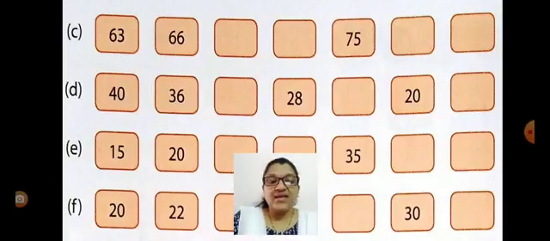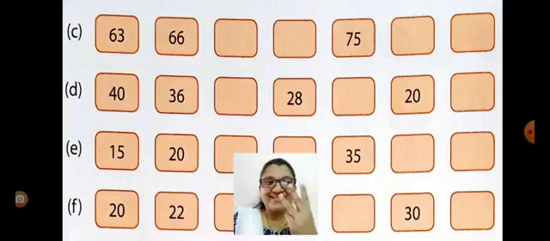Example C. First two numbers are 63, 66. Children, here the pattern rule is add 3. See, when we add 3 to number 63, we get number 66, that is 64, 65, 66. So we have to apply pattern rule, add 3, in this.